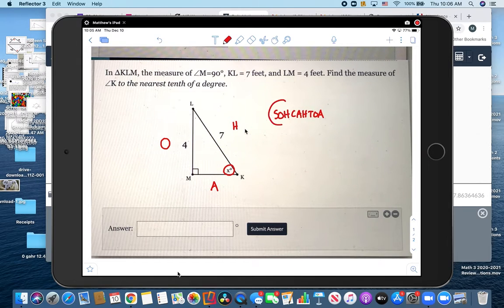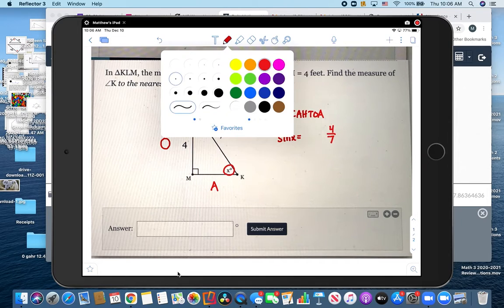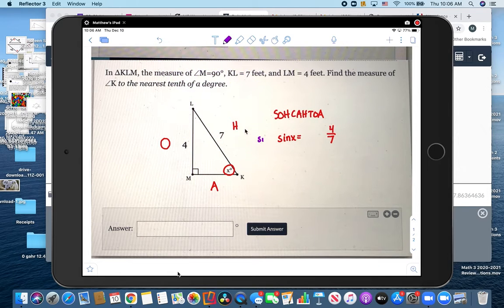That is sine. So sine of x is equal to opposite, which is 4, over hypotenuse, which is 7. Take the sine inverse of both sides so that the sine inverse eliminates the sine. So all we're left with is x is equal to sine inverse of 4 over 7.